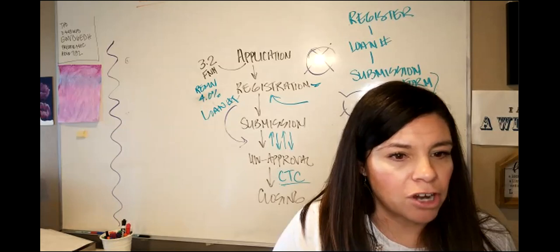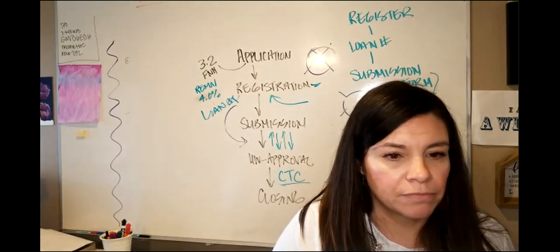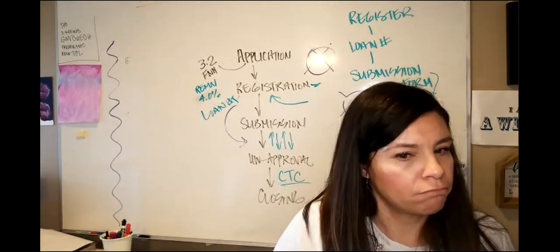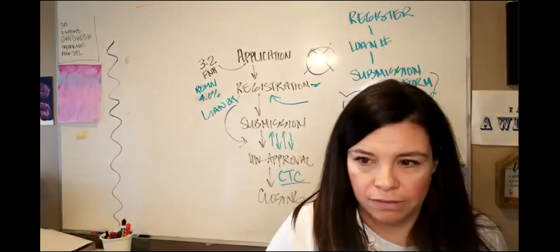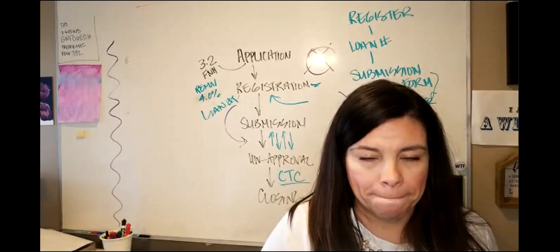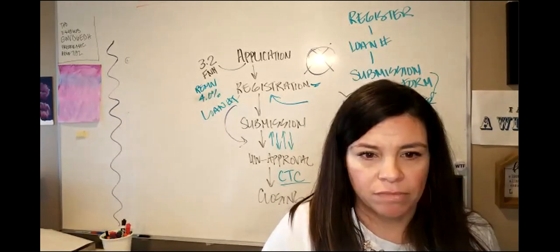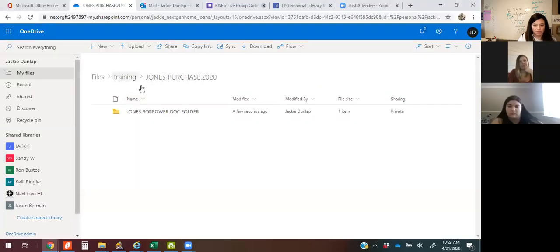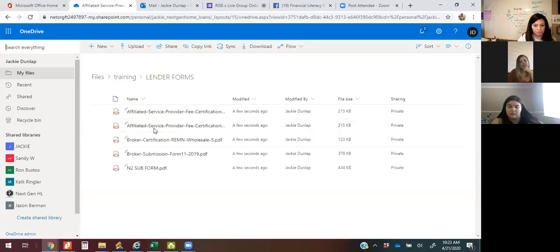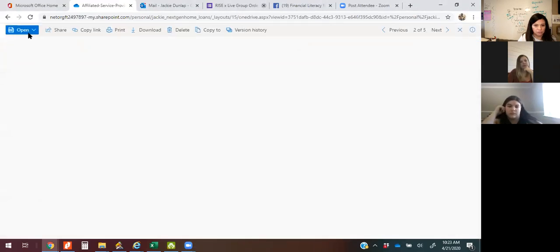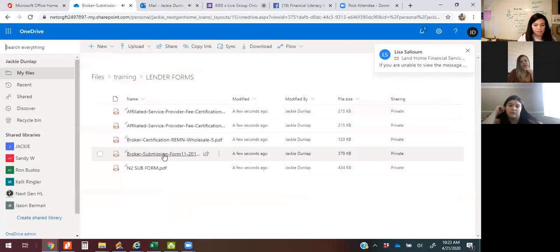I think I'm in the wrong drive. Give me 1 second. Hold on. Let's do this. I'm going to screen share. Okay, so we were in here. We've got our lender forms. Nope.